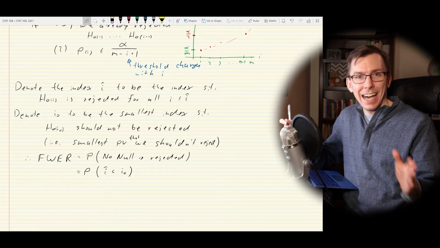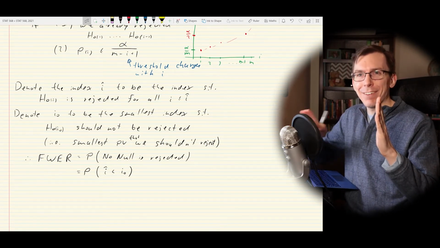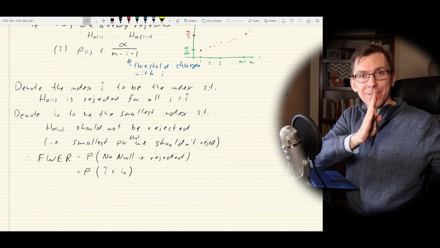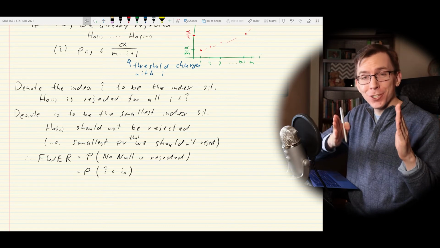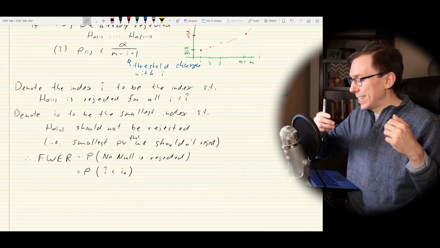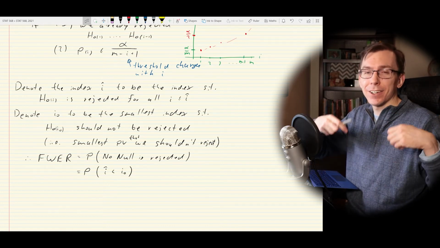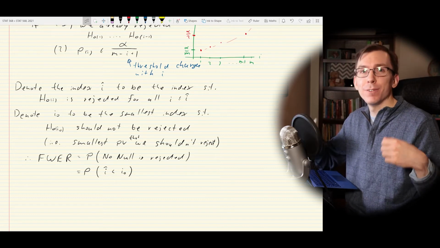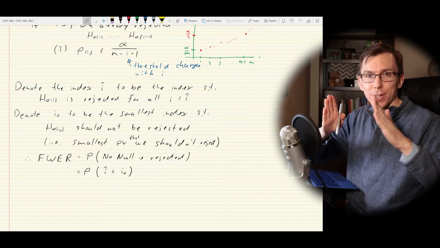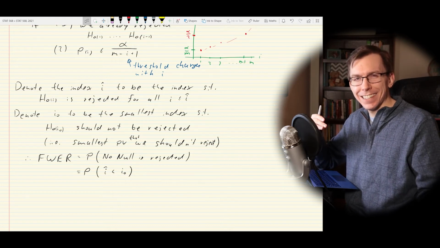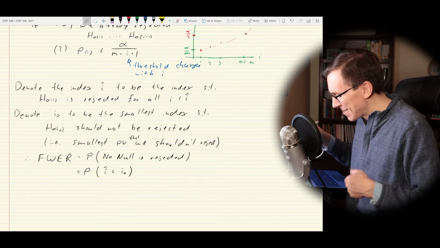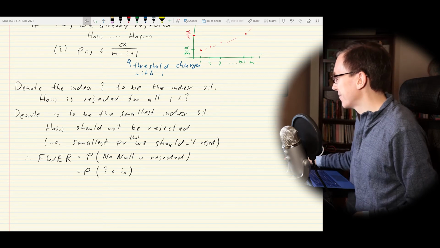So everything at I hat and to the left gets rejected, and I naught is over here, the first thing that we shouldn't be rejecting. If that event occurs, we have no false positives because everything we rejected was supposed to be rejected. Okay, let's go with that.